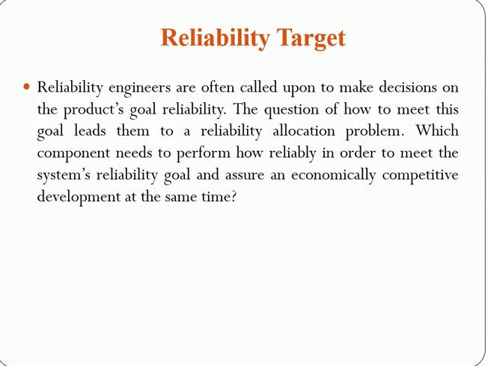The reliability target. Reliability engineers are often called upon to make decisions on the product's goal reliability. The question of how to meet this goal leads them to a reliability allocation problem: which component needs to perform how reliably in order to meet the system reliability goal and assure an economically competitive development at the same time.